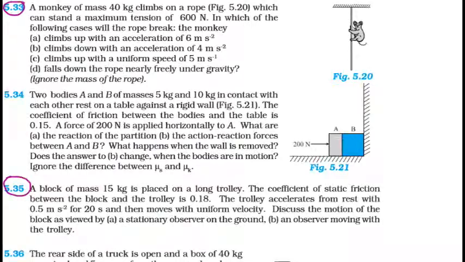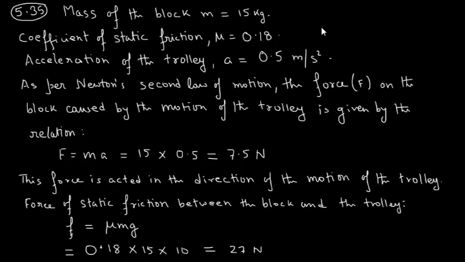And let us see the solution. Mass of the block m is equal to 15 kg. Coefficient of static friction, that is mu, is equal to 0.18. Acceleration of the trolley a is equal to 0.5 meter per second square.